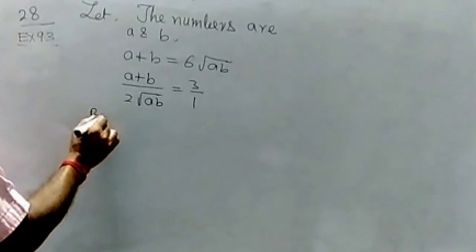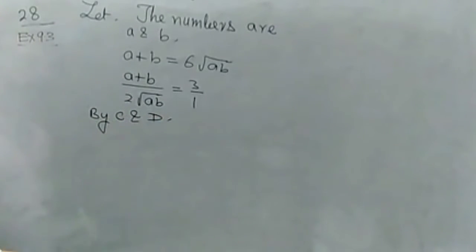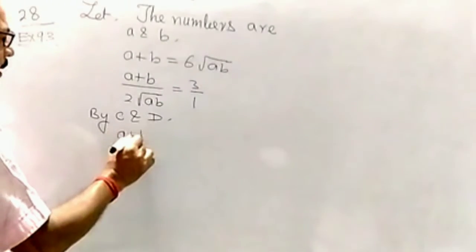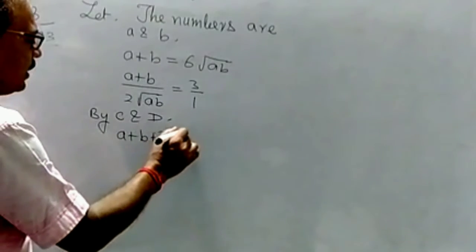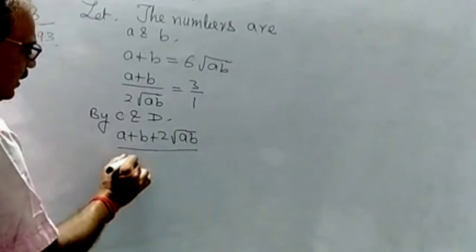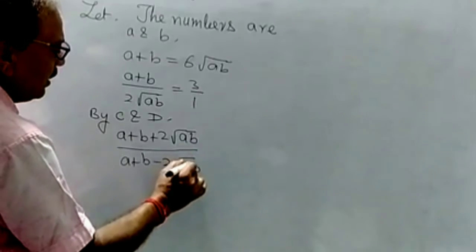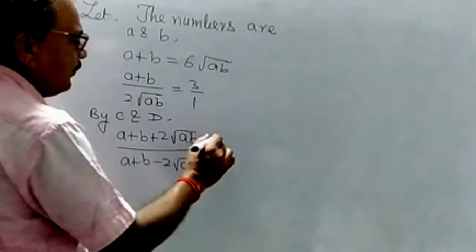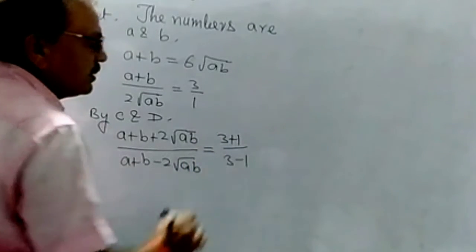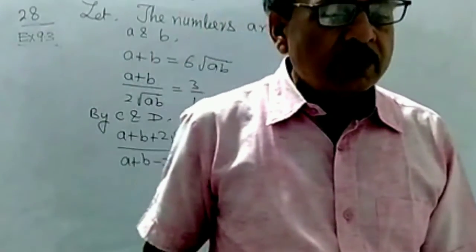By componendo and dividendo, we can write (a plus b plus 2 root AB) upon (a plus b minus 2 root AB) equal to (3 plus 1) upon (3 minus 1).